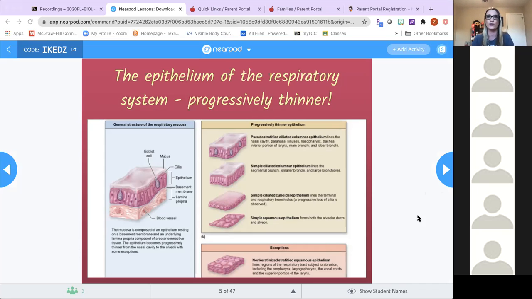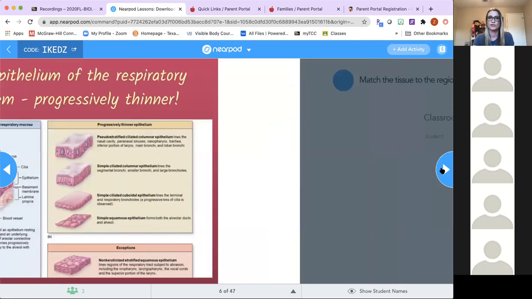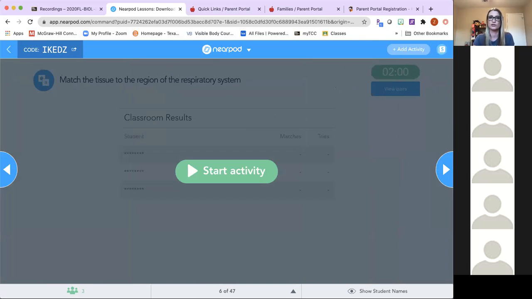You do need to know where we can find these exceptions. So make sure that you maybe create a table or something that will help you organize this material, okay? So let's go on to the next slide.